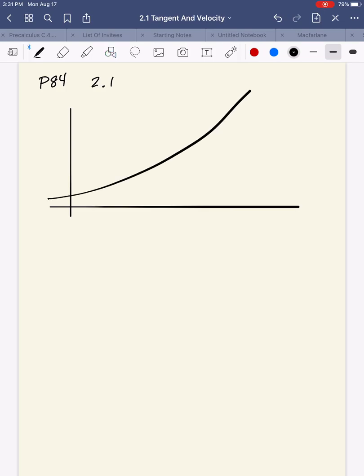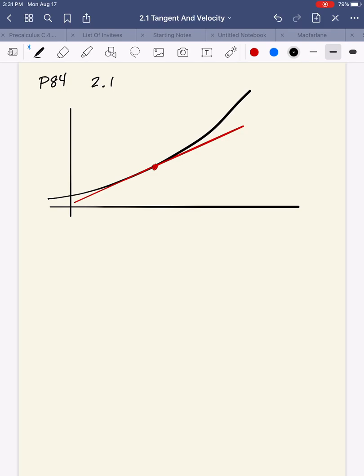If you have a function, and let's see if we can't come up with some kind of a curvy type function here, you might ask yourself, what is the slope of a line that would be tangent to the curve at a particular point?